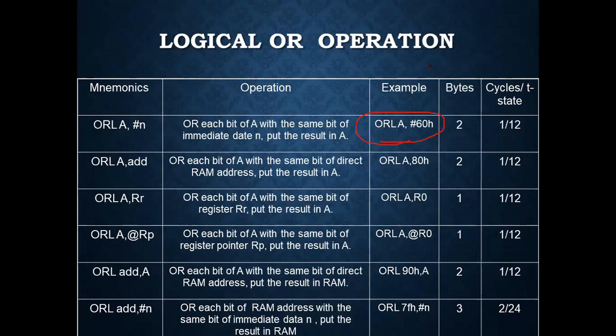Clear or not? The rest of the things are the same as the AND operation. Whatever you are doing with the AND operation, you can do with the OR operation also.